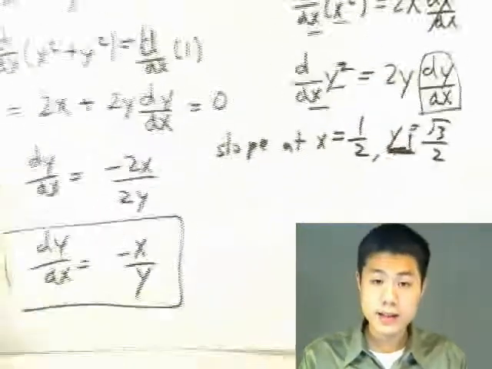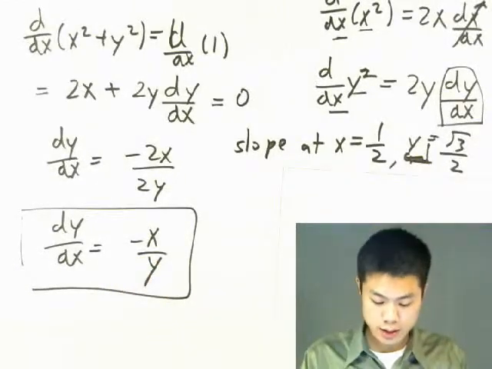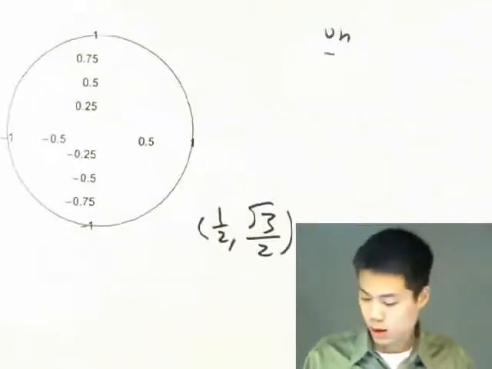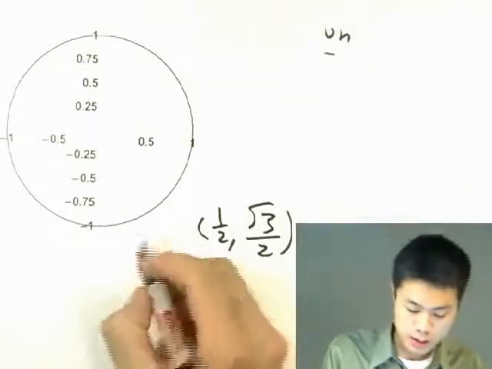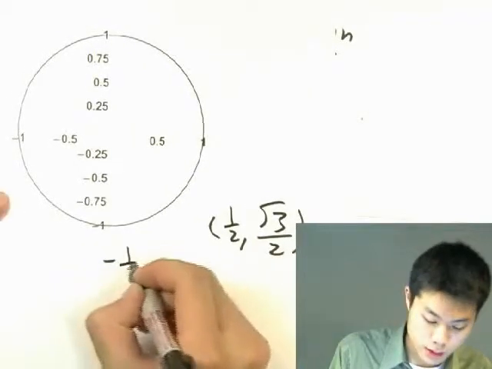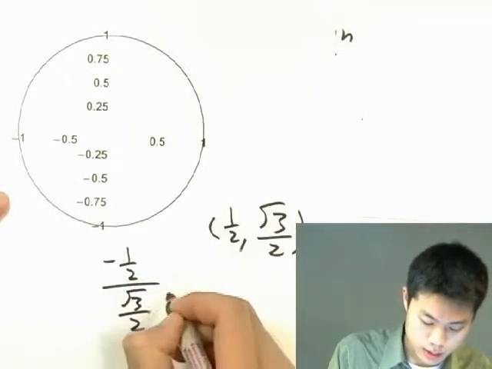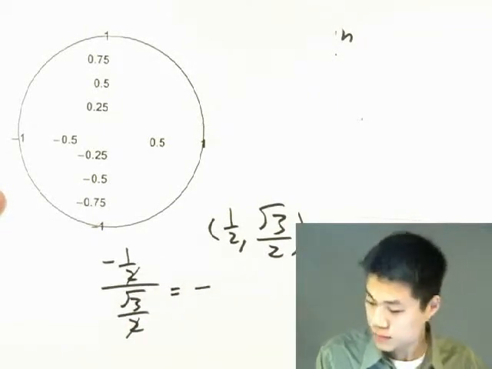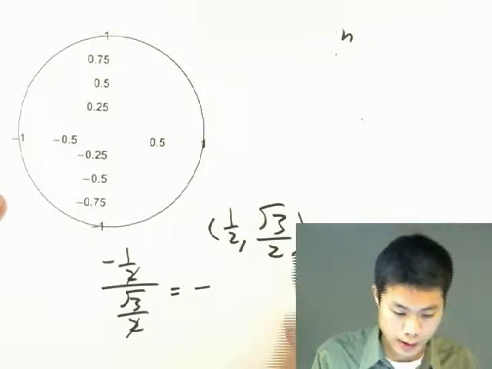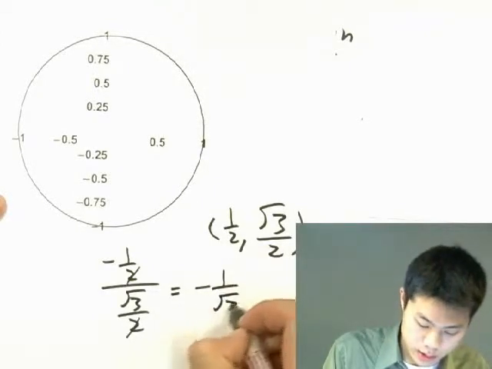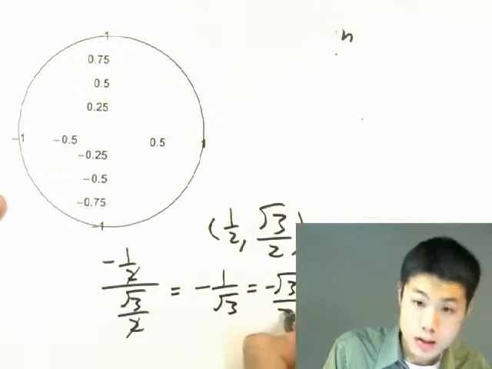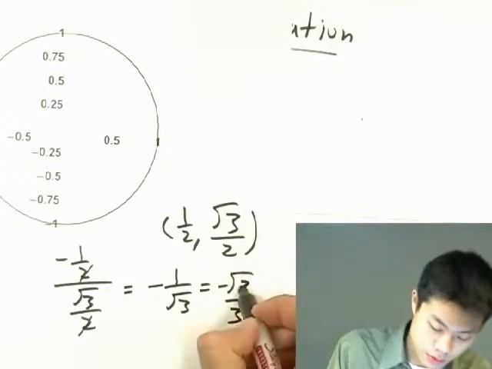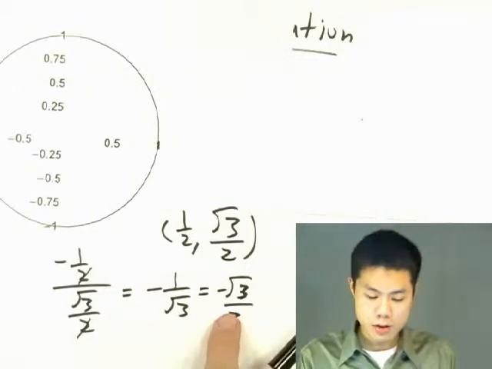So then dy dx is going to be negative x over y. So then negative x over y is going to be negative 1/2 over root 3 over 2. Let's cancel that. It's going to be the square root of 3 over 3, and it's negative. Negative square root of 3 over 3.